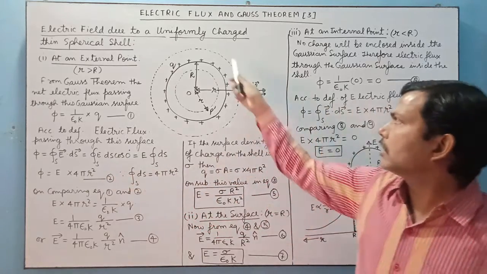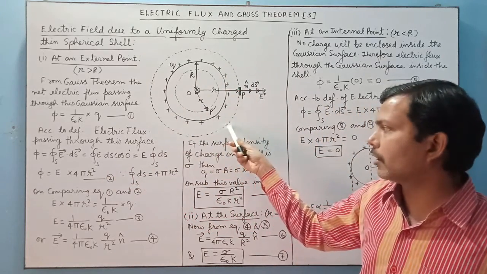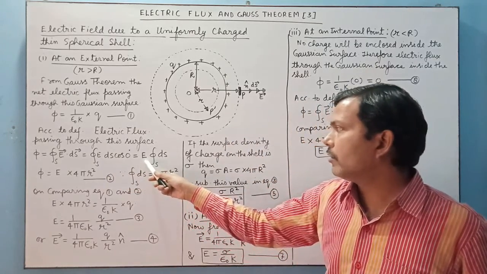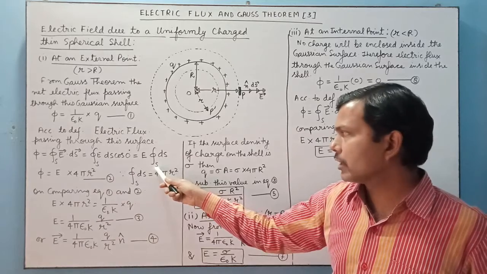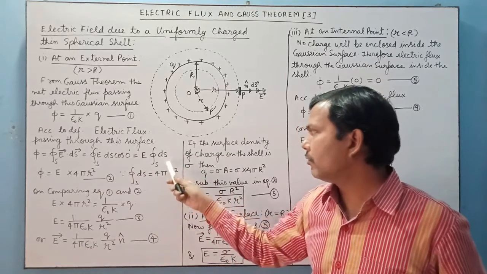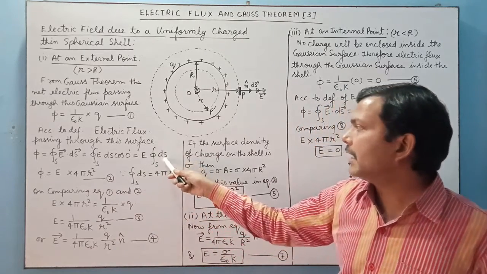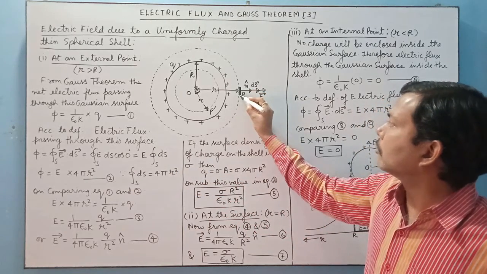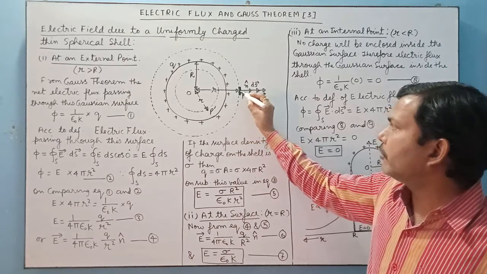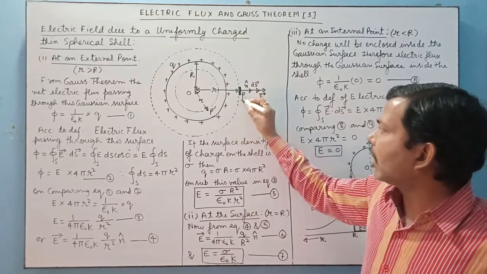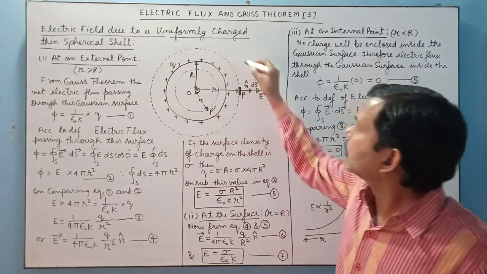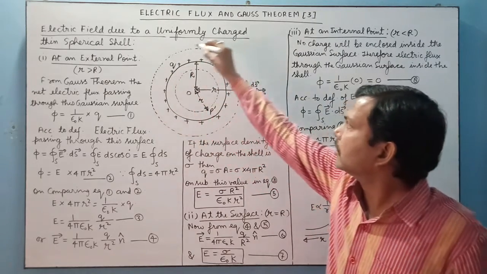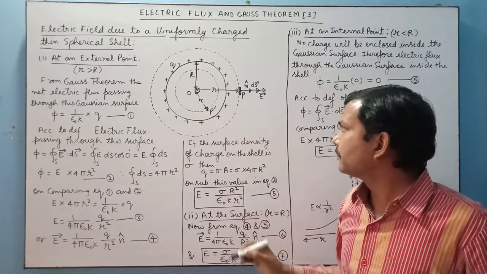The electric field on this Gaussian surface is uniform. So capital E can be taken outside of this integral. We will get E integral over the closed surface ds. Now we will evaluate this integral. ds is a small area on this Gaussian surface at point P. If we integrate this area on this total Gaussian surface, then it will provide the area of this spherical Gaussian surface.